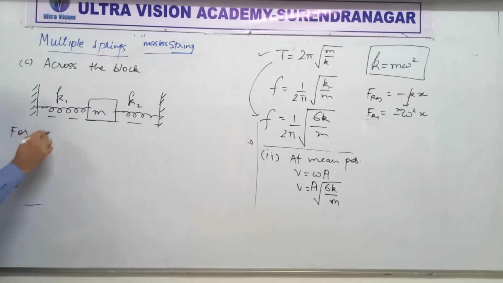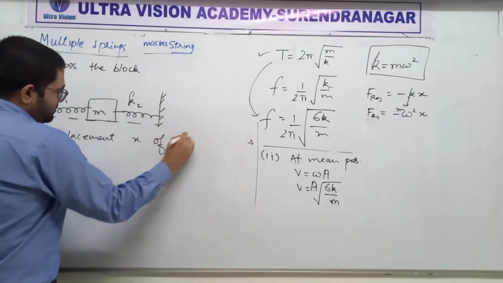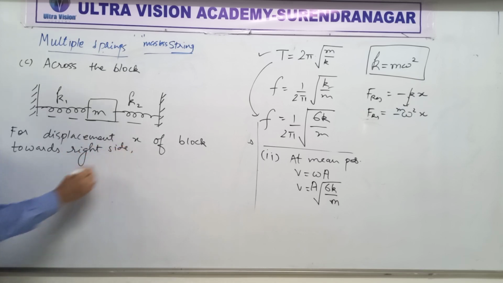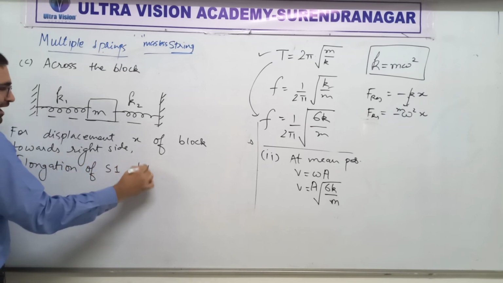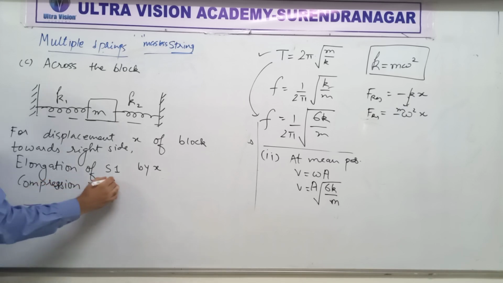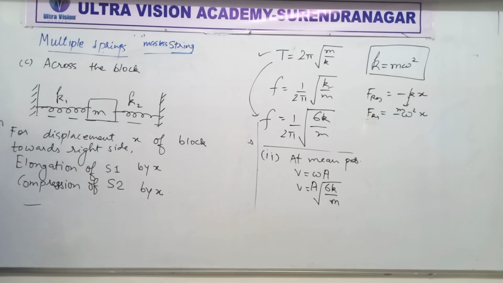For displacement x of block towards the right side, we will have elongation or extension of spring 1 by x, and similarly compression of spring 2 by x. Do you understand this situation? Read the three sentences. Do you agree with that?